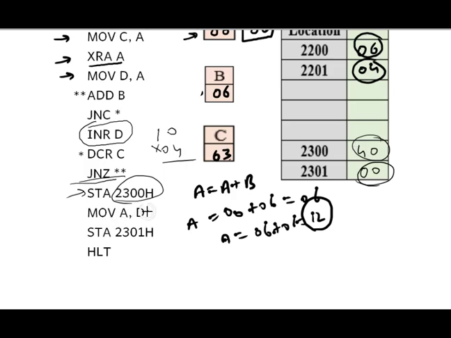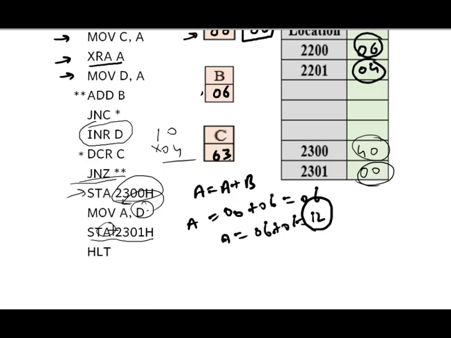Because if the result is above 8 bits, the other bits are in D, so we move D into A and then do STA. Apart from A, no other register can directly access the memory location using this instruction, so we can only access the memory location through register A. So that's how this program works.